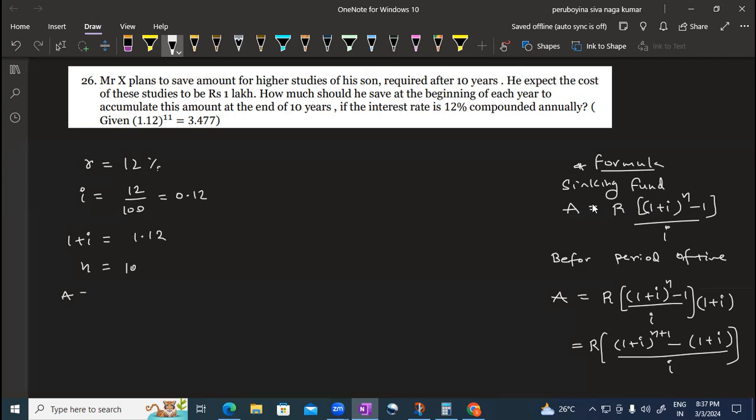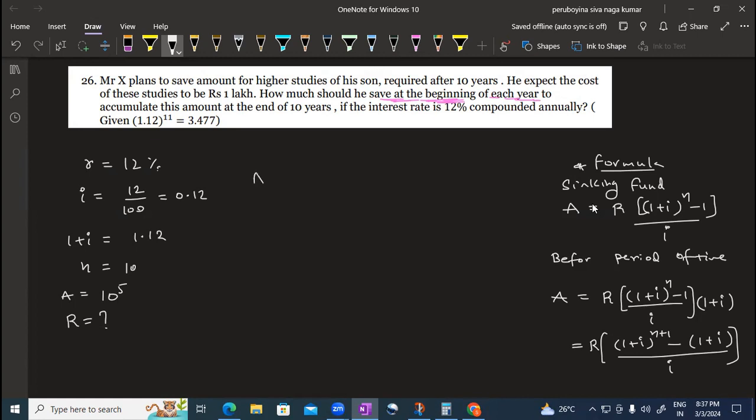Here the required amount is 1 lakh, which means 10 power 5 rupees, and R is the question mark. This is before payment, so he saves at the beginning of each year. He is creating the sinking fund as a before payment.